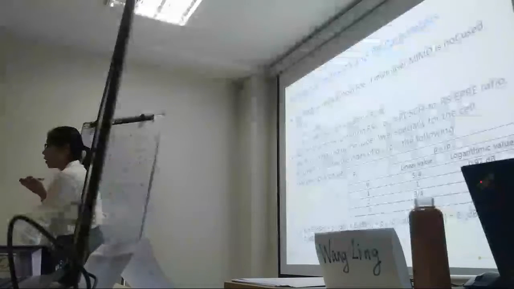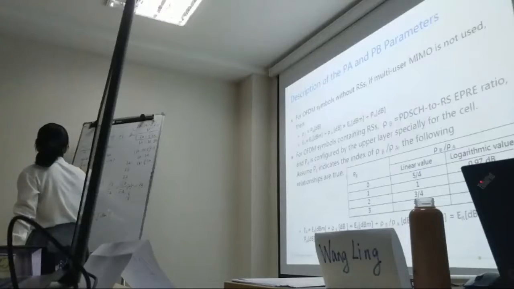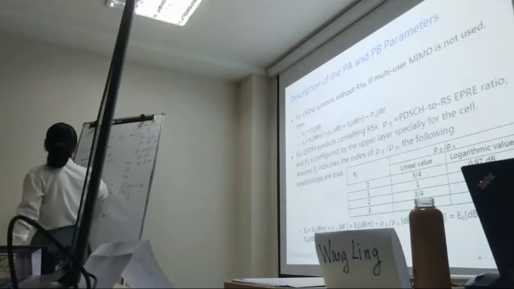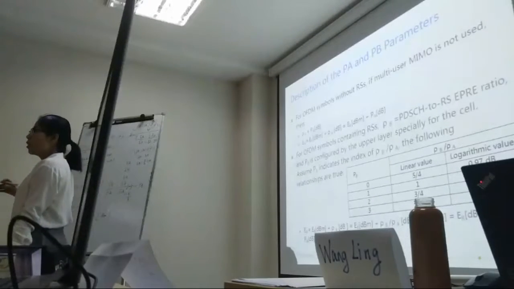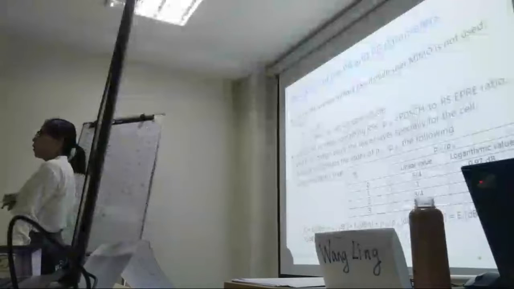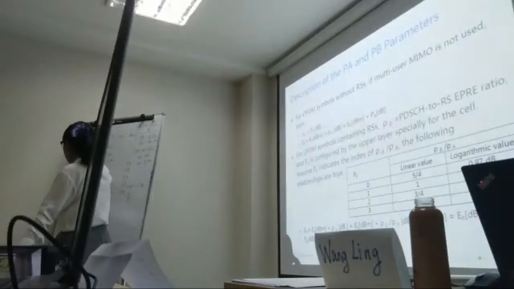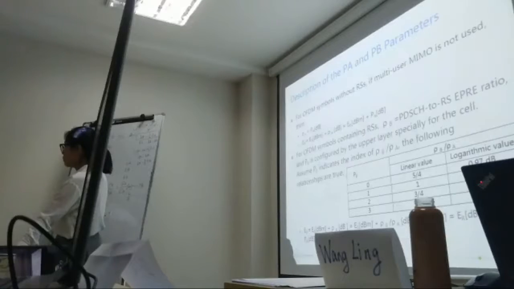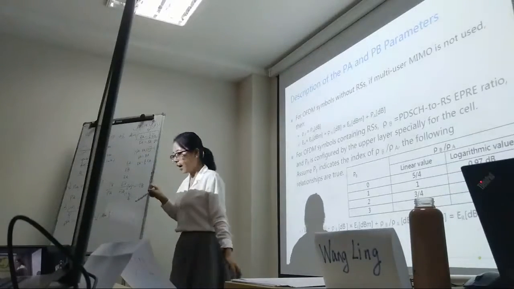If all the REs use the same power, then for one RE, the power is 20 watts divided by 1,200. This is the RE power. So is this RE power EA, EB or ER? I calculated by this method. EA, EB or ER?